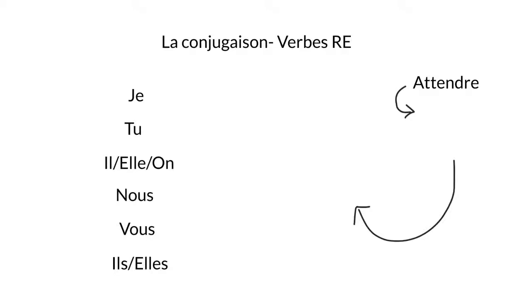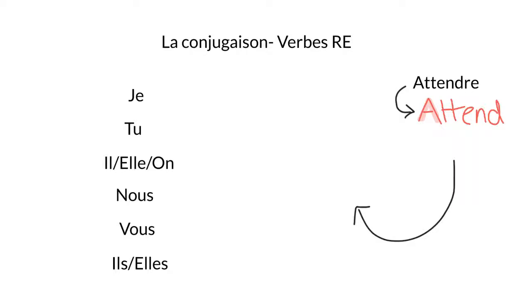In my opinion, RE verbs are the next easiest, so that's why I'm going to choose to do them first. An example of a regular RE verb is attendre, which we can then take down to its stem, attend. And attendre means to wait.